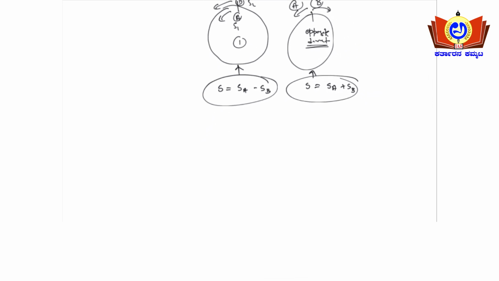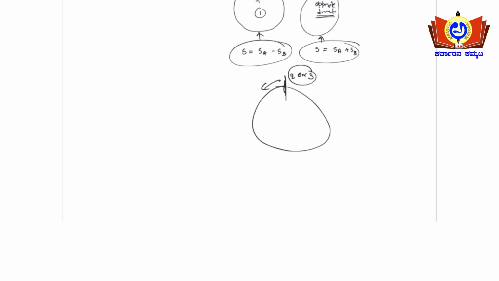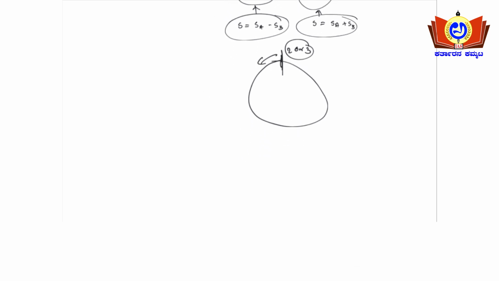And one more concept will be there. Consider 2 or 3 persons traveling from the same point in the same direction, with two or three different speeds, S1, S2 and S3. Some questions will be asked here.